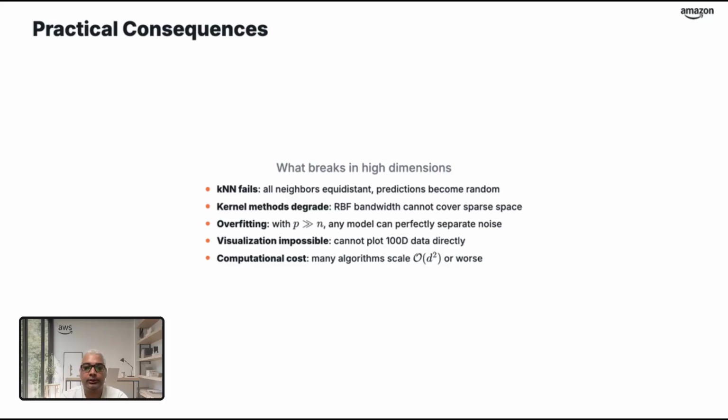Visualization becomes challenging because it's hard to visualize data in high dimensions. And as we saw, we need a large number of data points to fill up the high dimensional space, exponentially many. So even the computational cost of storage, processing, and training the models increases.